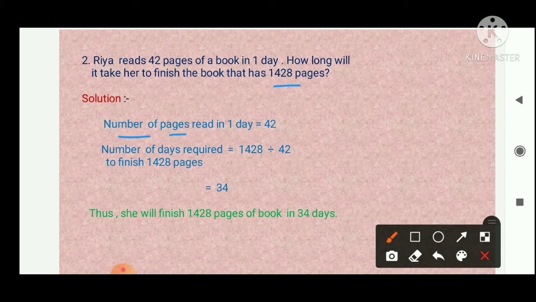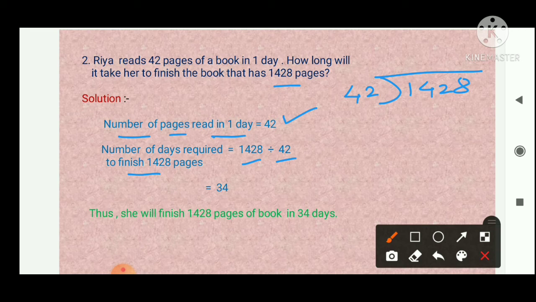Number of pages read in one day is 42. So the number of days required to finish 1428 pages, we divide 1428 by 42. So let's see the division.